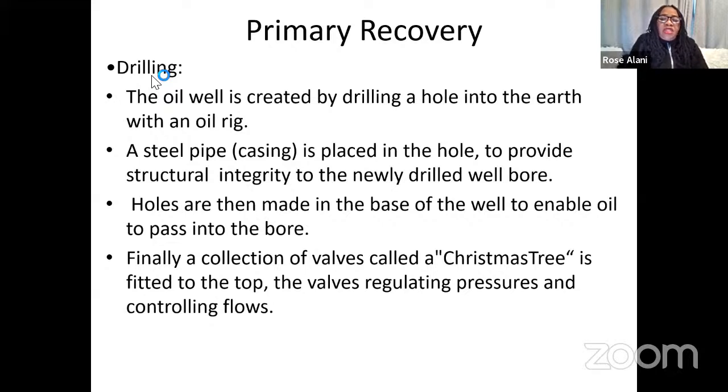So this collection of valves that looks like a tree, termed Christmas tree, is fitted on top of that steel pipe, and the valves regulate pressures and control flows. So what those different valves connected like a tree help to do is to regulate pressures and control the flow of the oil that is coming out.